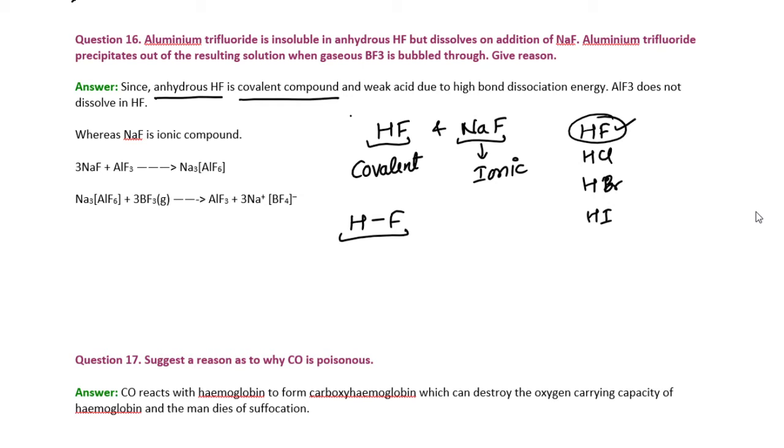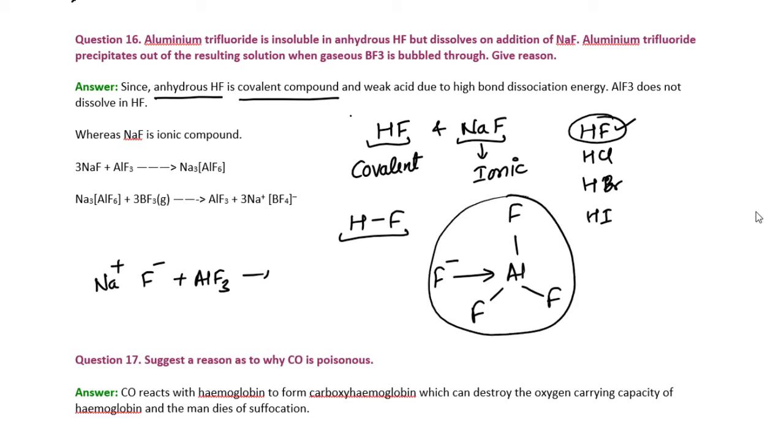But NaF gives Na+ and F-. AlF3 is electron deficient, so aluminum can accept an electron pair from fluoride, and it gives AlF4-.